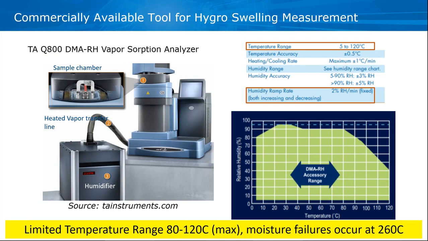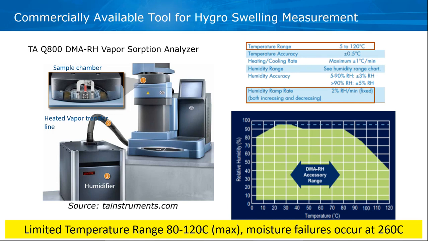So this is the tool that is used in the experiment that we saw. It's a vapor absorption analyzer. It's basically a DMA with an added humidifier, manufactured by TA Instruments. And to our knowledge, this is probably the only purpose-built tool for measuring swelling at elevated temperatures. The plot on the right shows the capability range for RH and temperatures.